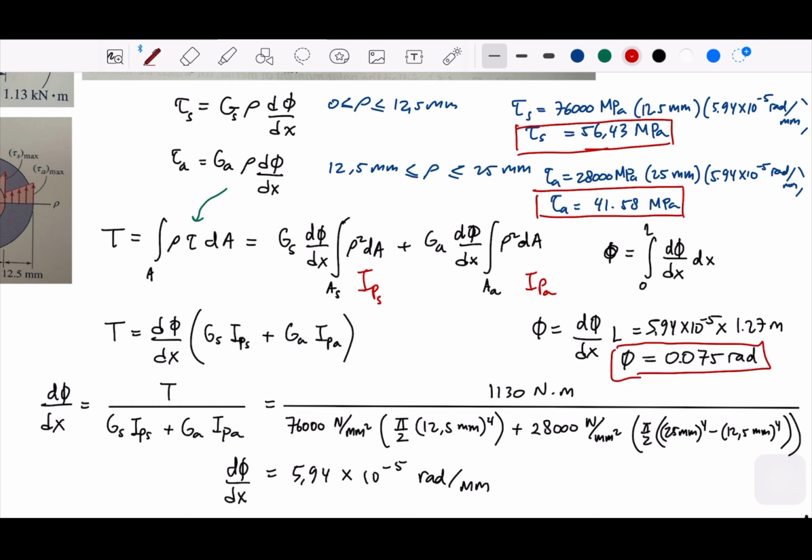That is the total twist, which means all the length, within the length.